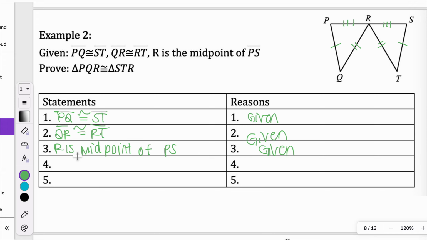So from here, step 3 to step 4 is when I would say PR is congruent to SR using definition of midpoint. And now I have clearly stated that all 3 lines are congruent, which means all 3 sides are congruent. So I can say triangle PQR is congruent to triangle STR using the side, side, side congruence theorem.